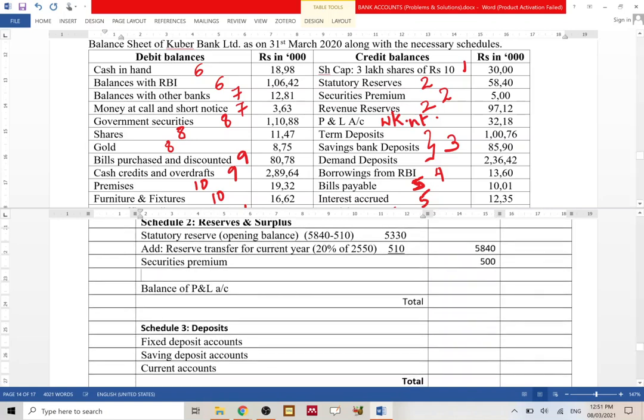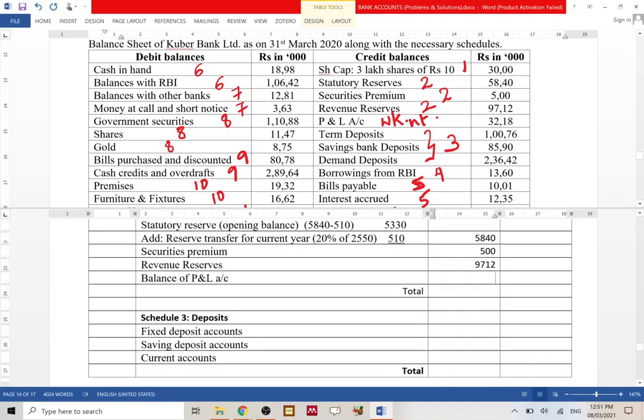Then revenue reserves, amount of the revenue reserves, 9712. Okay, balance of profit and loss account, how much gets transferred to the balance sheet, we are going to see it a little later. Okay, accordingly we will see how much of that has been transferred.